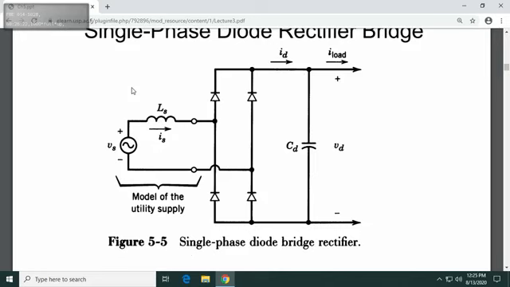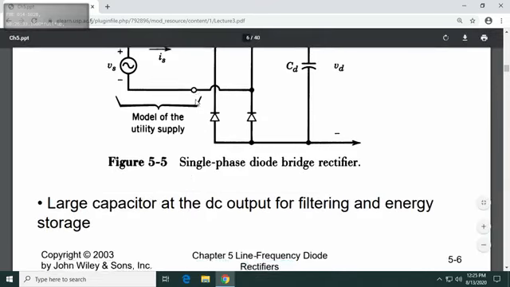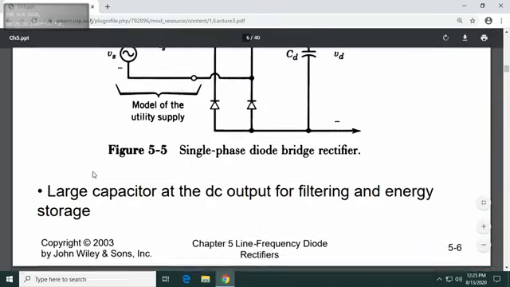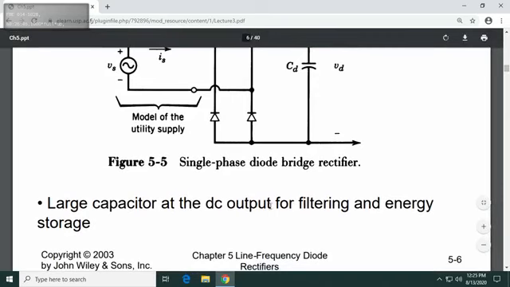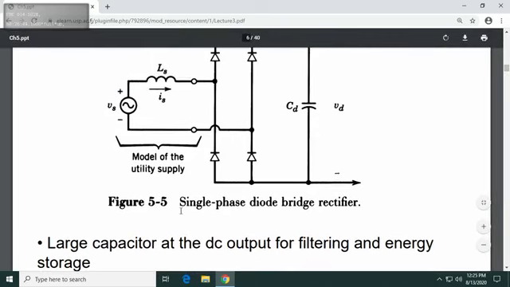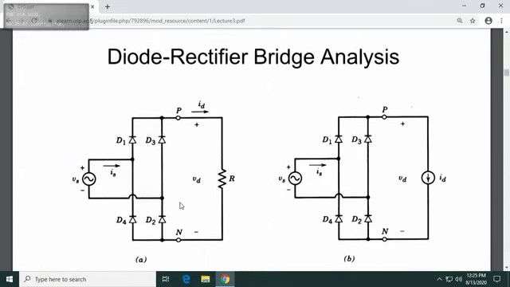It's kind of a filter. To remove this ripple and get a constant DC, we use a capacitor. It says a large capacitor at the DC output for filtering and energy storage, to make the output constant.